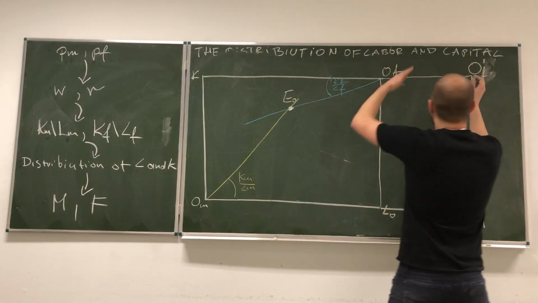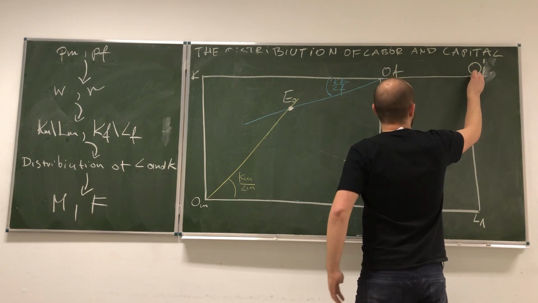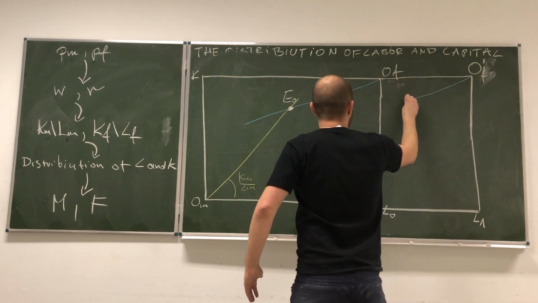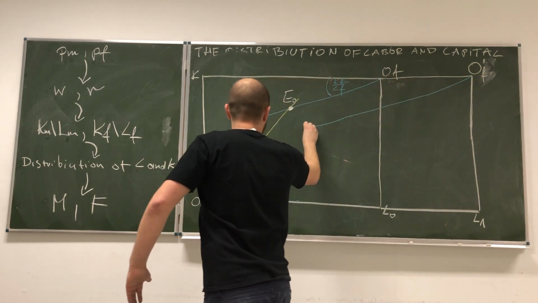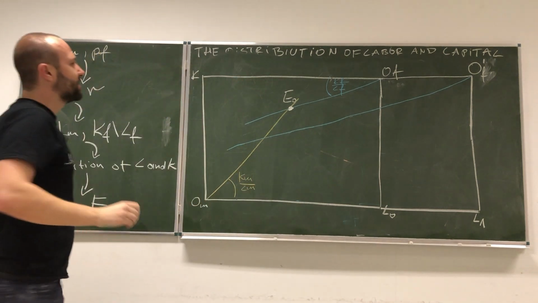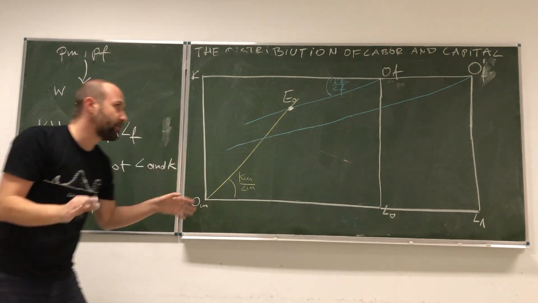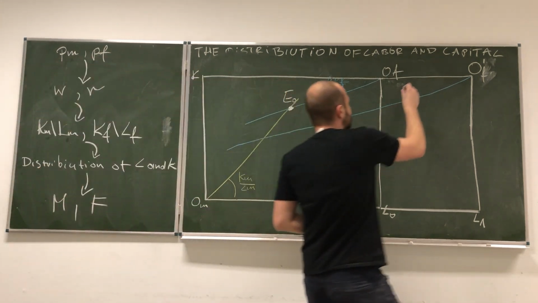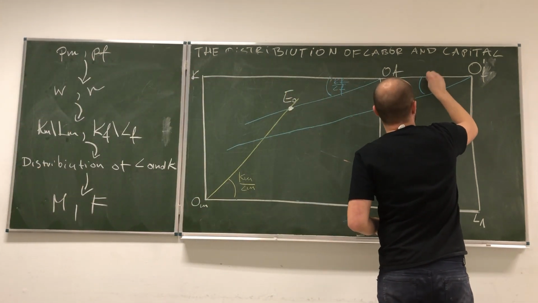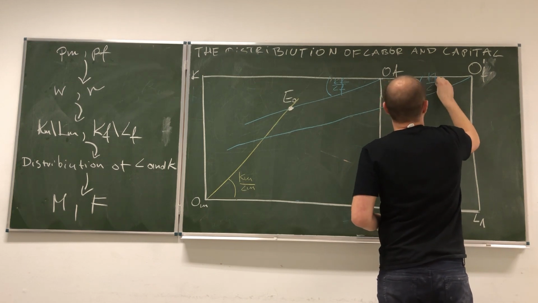And of course, this line needs to go through the same angle. I don't think I'll be able to do it perfectly, but I think it's good enough. Of course, we are imagining these two lines are perfectly parallel. And still, we've got the same angle here, okay? Over L, right?